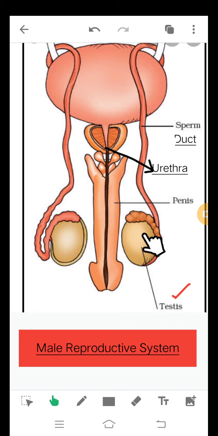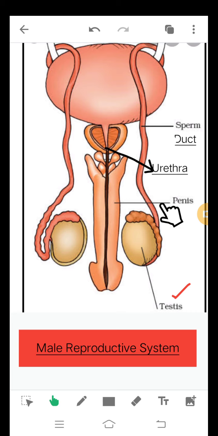All these sperms are carried further through the sperm duct. This sperm duct then unites with a tube which is coming from the urinary bladder of the excretory system and which is called the urethra, and forms a common tube called the urethra.